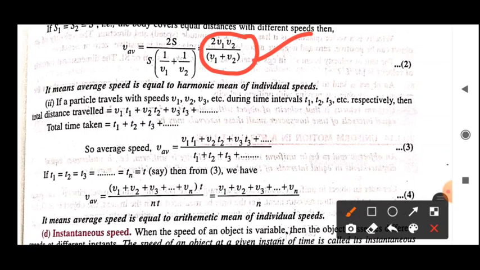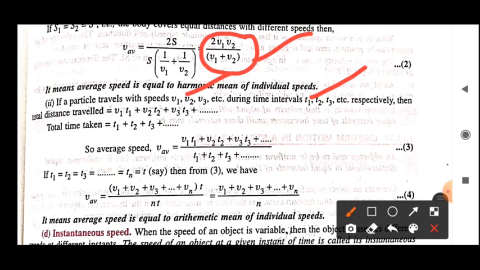Now next, here is one more formula: if a particle is travelling with different speeds for different intervals of time. Earlier we took the concept of equal distances, now different time intervals. Suppose for the t1 interval it has moved with speed v1, for t2 it has moved with v2, for t3 it has moved with v3.